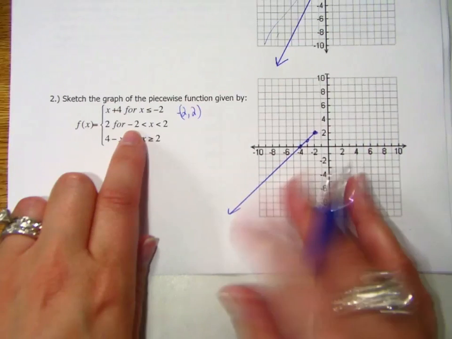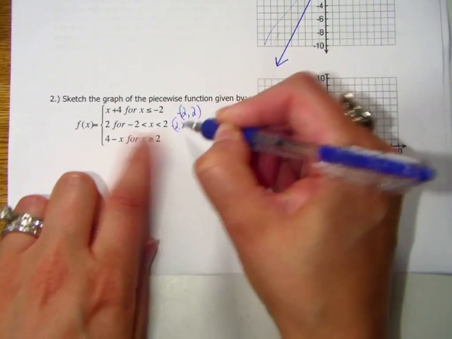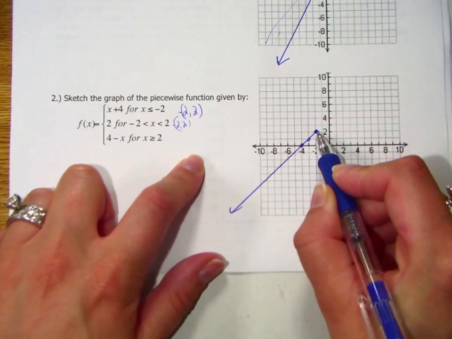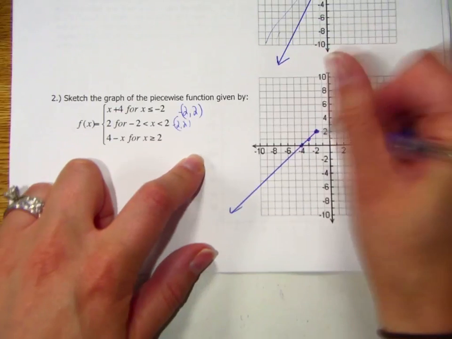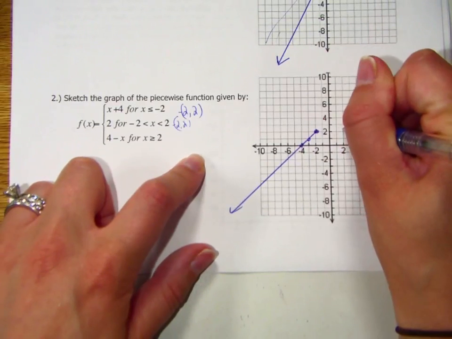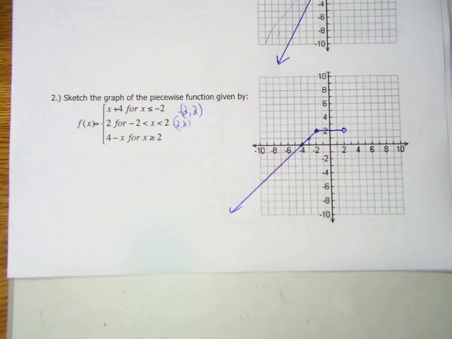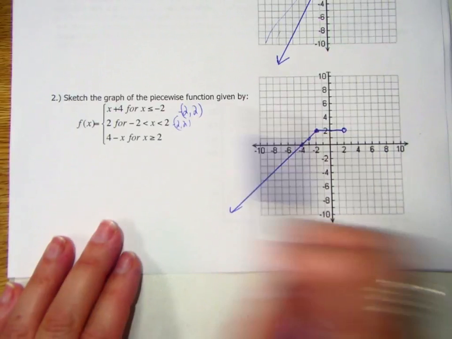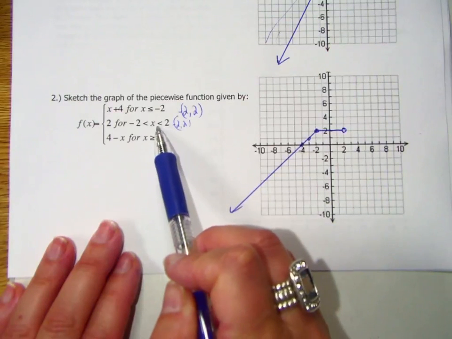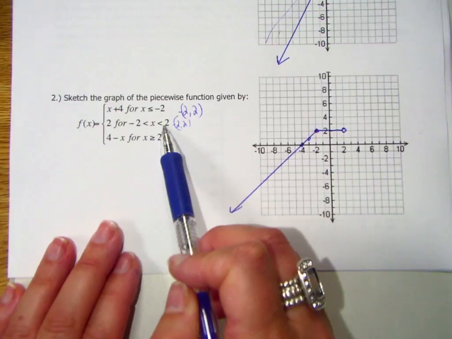Notice that this one is starting off right where the last one ended, and that horizontal line is continuing until x is 2. I ended that with an open dot because this is just less than x values that are 2.